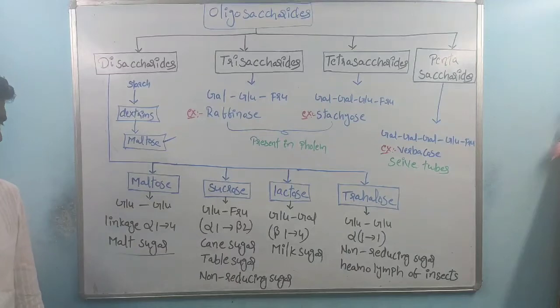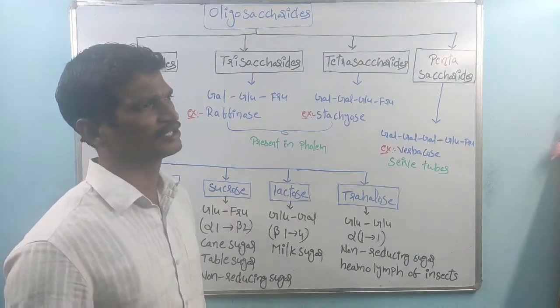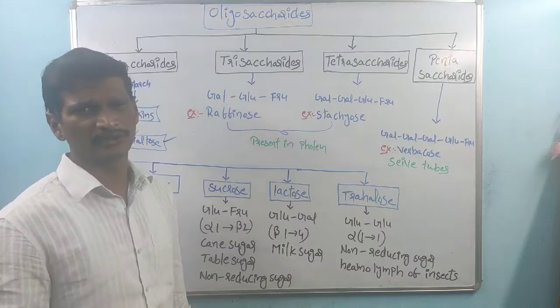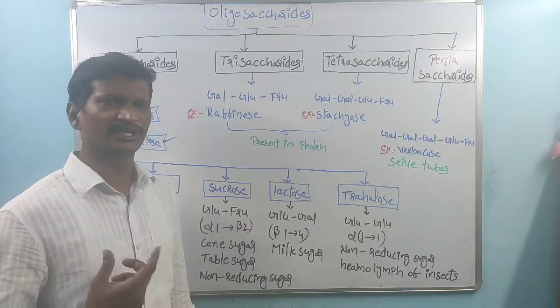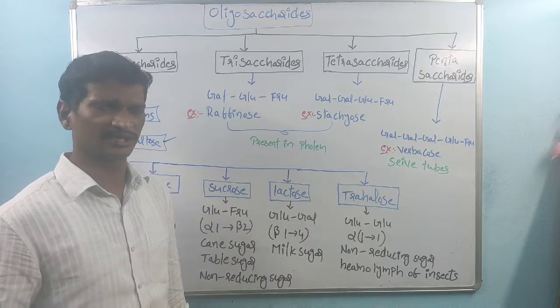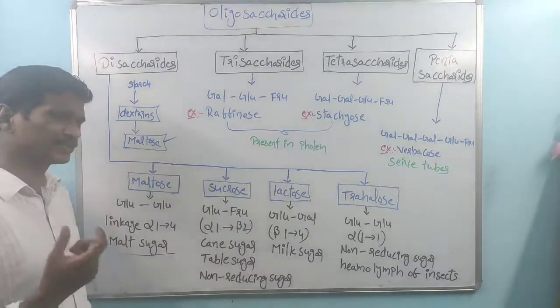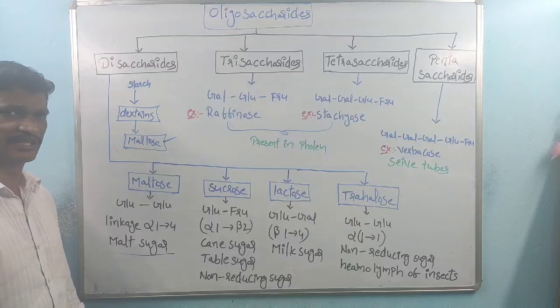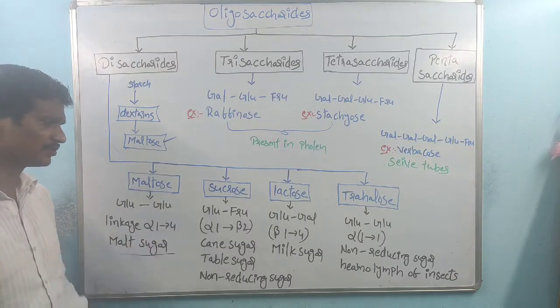This one is called cane sugar. Why is it called cane sugar? Because if we crush the sugar cane, we get sugar cane juice, also called cane juice. That cane juice contains sugar, which is sucrose.